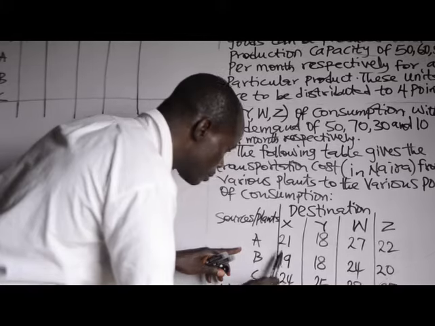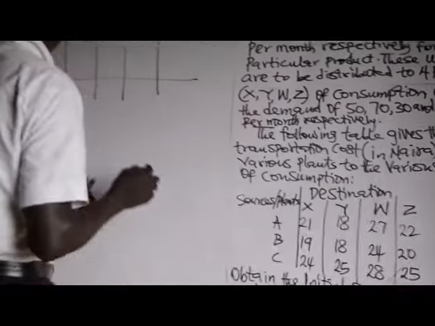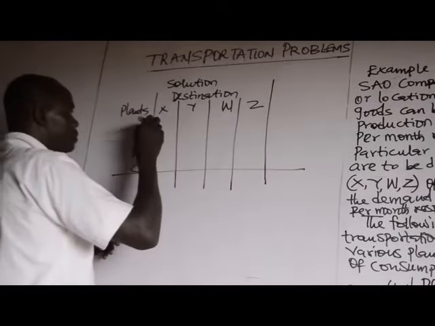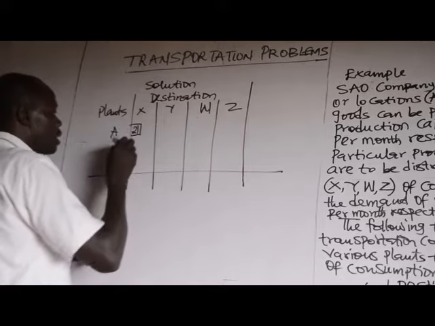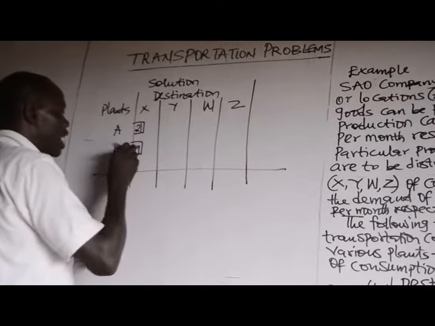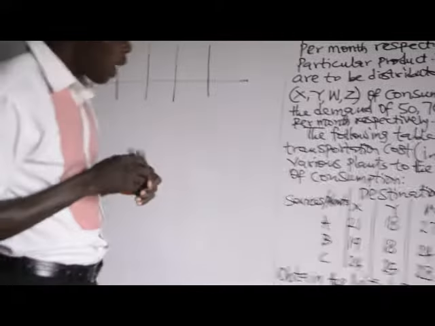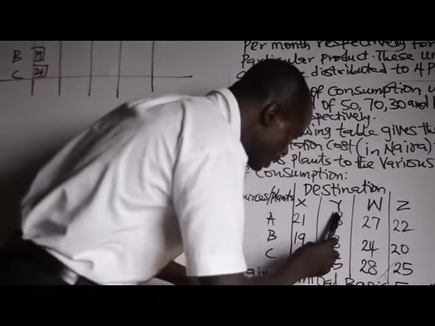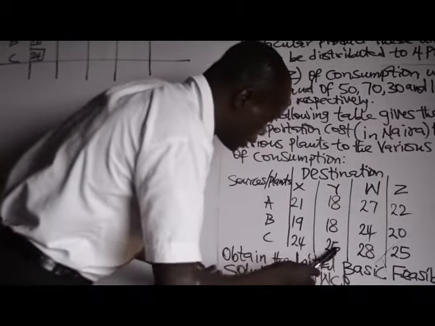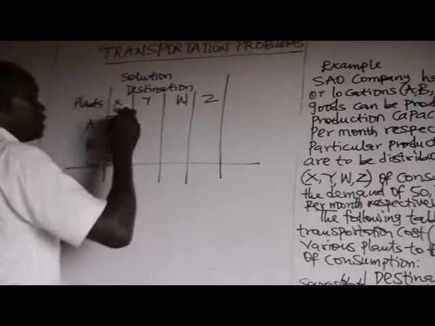For X, we have 21, 19, and 24. Then for Y, we have 18, 18, and 25.